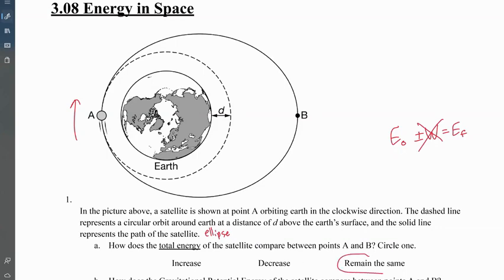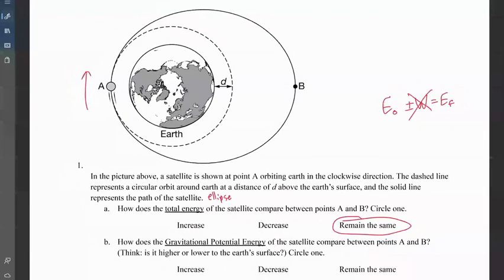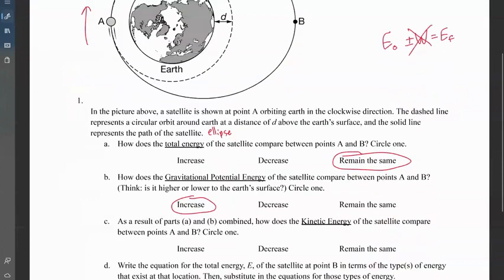So its total energy remains the same. Okay, how does the gravitational potential energy of the satellite compare between A and B? Well, it's moving further away from the Earth's surface. So if we're getting further away, gravitational potential energy has to increase, just like lifting a box up over the surface of the Earth.